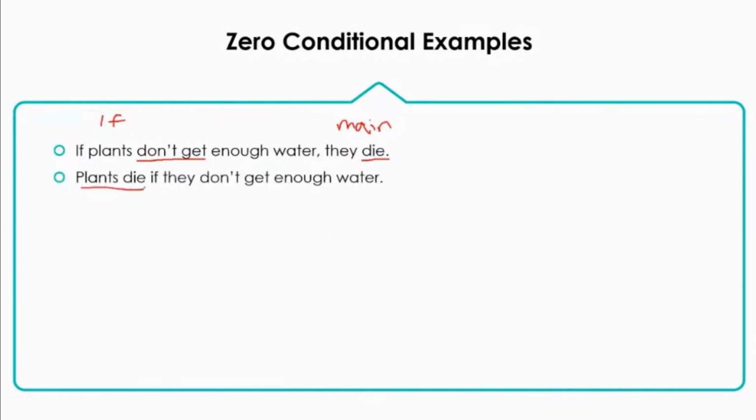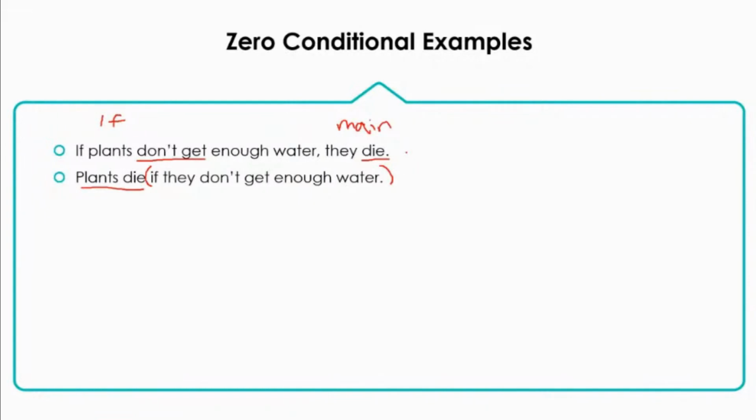So here we have our main clause and then our if. This is also correct. So both of these we can use. So if it's easier for you to remember the if, then, you can do that. But just know you can also switch them. If plants don't get enough water, they die. Or plants die if they don't get enough water.